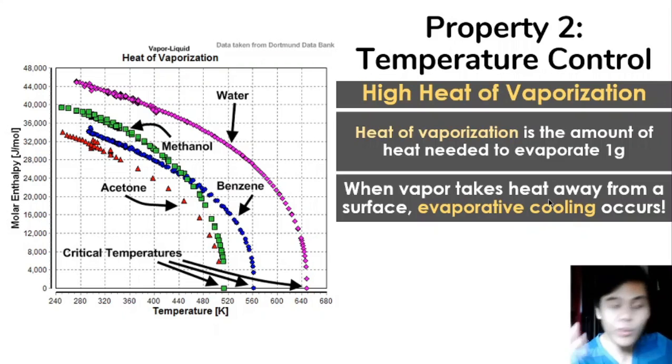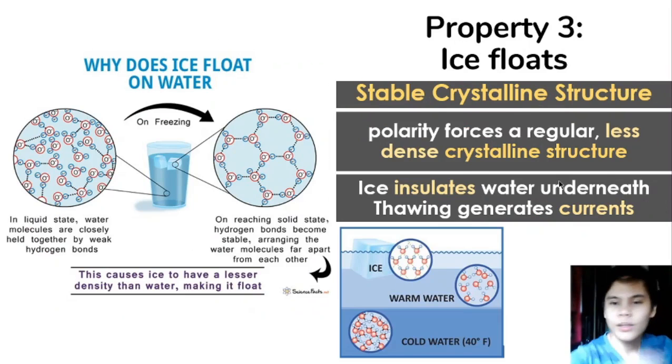What that means is that water can take a lot of heat energy from a certain place, and when it evaporates, it does something called evaporative cooling. It takes heat away from a surface. And that's why we sweat whenever our bodies feel like they're overheating. So when the sweat evaporates, the water evaporates, it takes the heat away from the body in the form of the water vapor coming off of you.